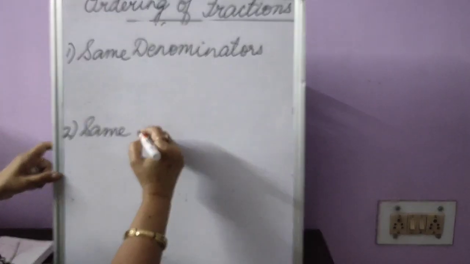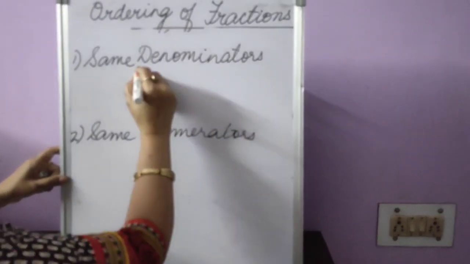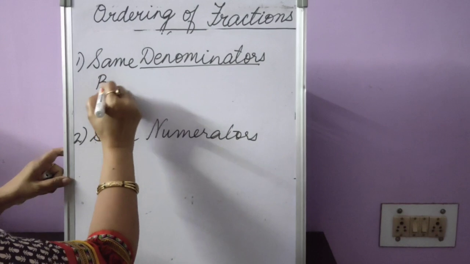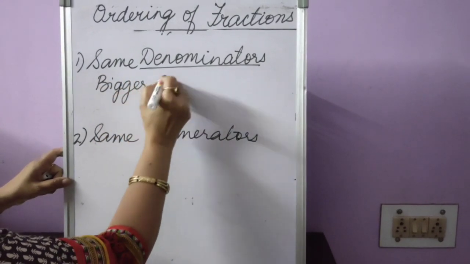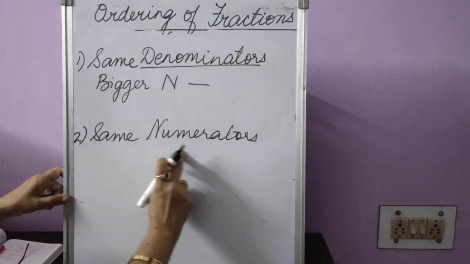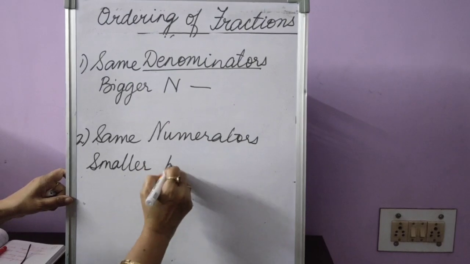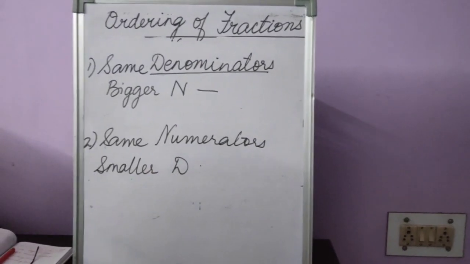Okay. Now, when we have same denominators, then bigger numerator is the bigger fraction. And when we have same numerators, the smaller denominator is the bigger fraction.